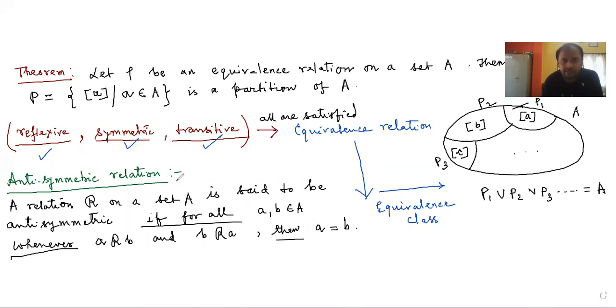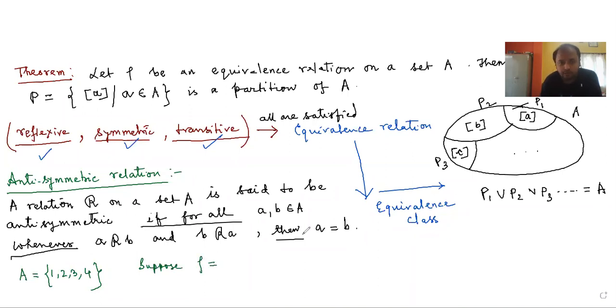First of all, let us begin with the example which I considered in my last class. My example was, I considered the set capital A, consisting of these four elements, and suppose I am considering a relation.